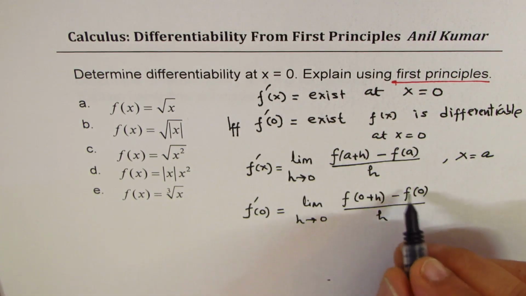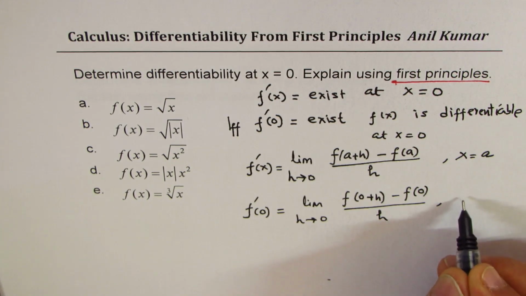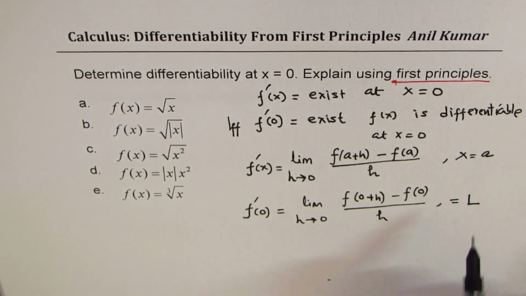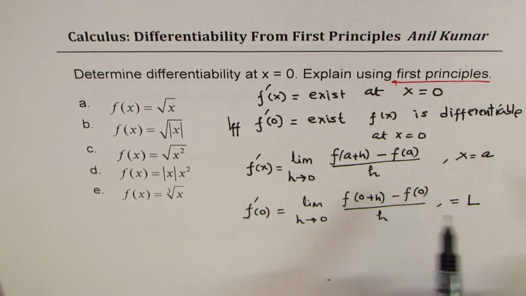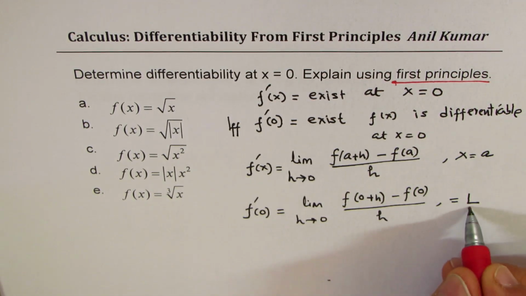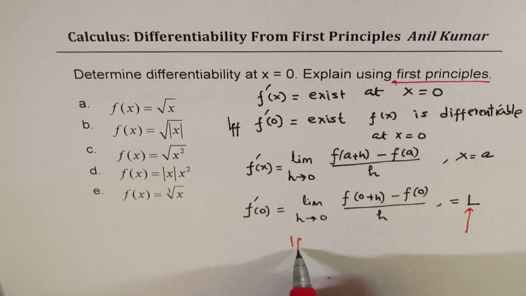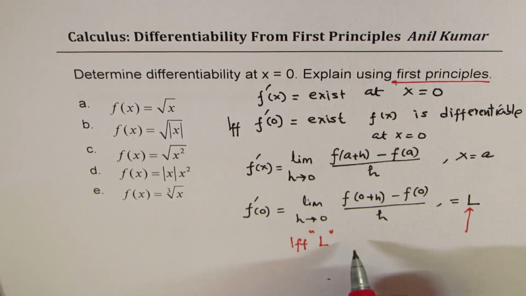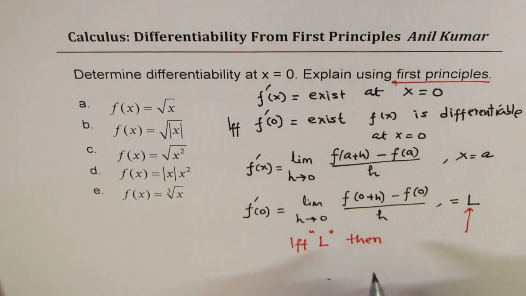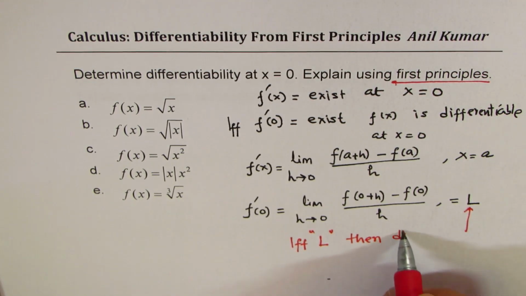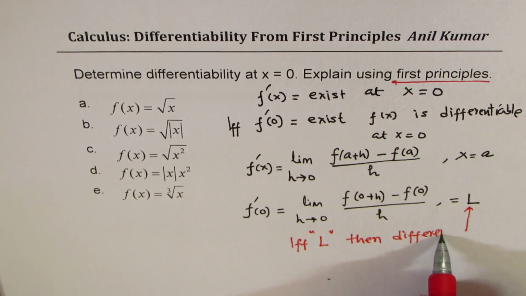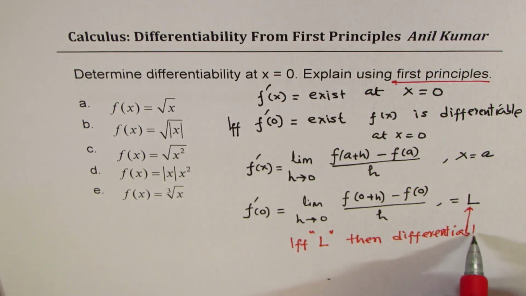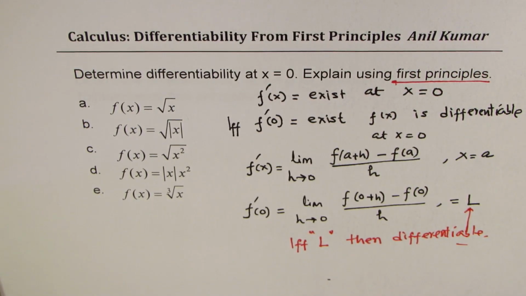And if this is equal to, let us say, L, then we say it exists. So we say if and only if it is a value L, a real number, then it is differentiable. So I hope the concept is clear.